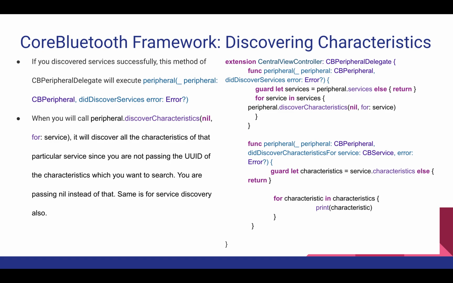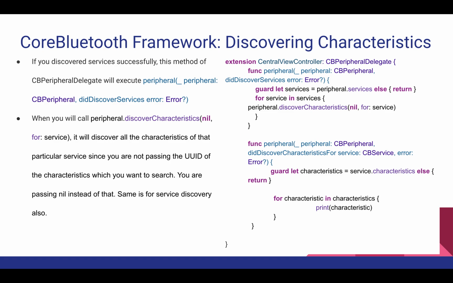So now, if the central found the desired service on the peripheral side, it executes the didDiscoverServices function on the CBPeripheral delegate. Now we have reached our desired service in which our data exists, but data exists as an attribute of one of the characteristics which are running in the service. So our next mission is to discover that characteristic which contains that data attribute.